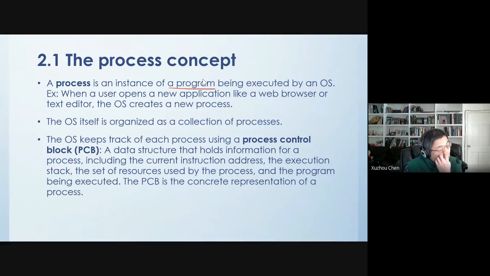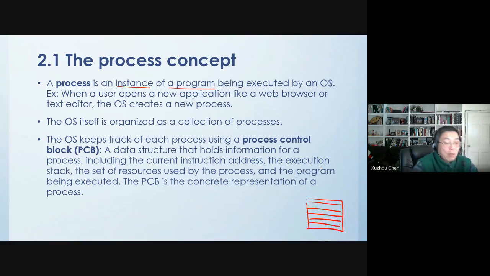Now, what is a process? A process is when the computer starts to execute the instructions of the code, and executes the program. Then that's a process. Why is it called an instance of a program? Because a program is static.